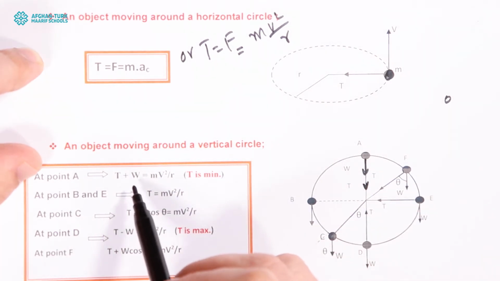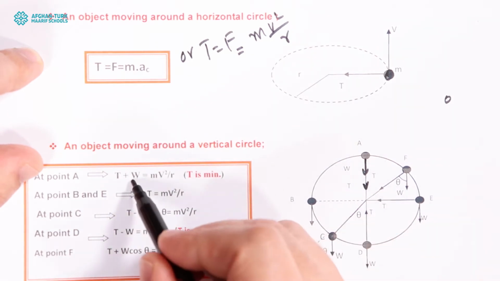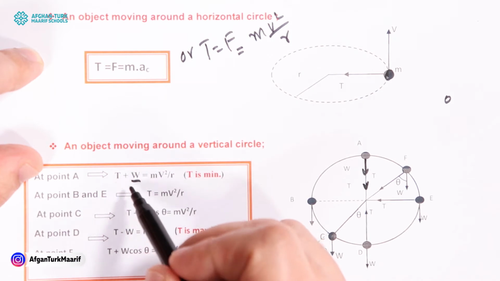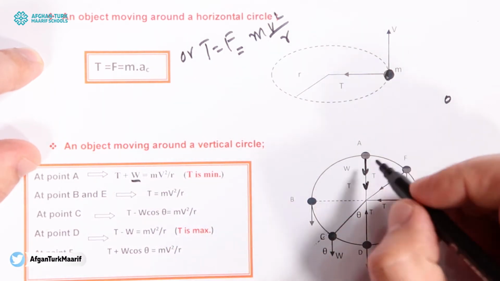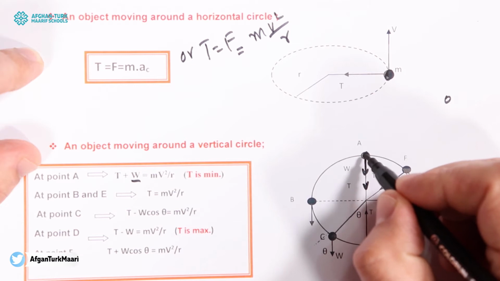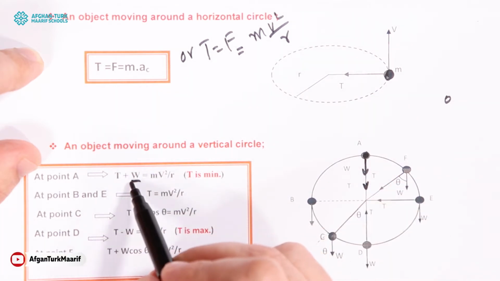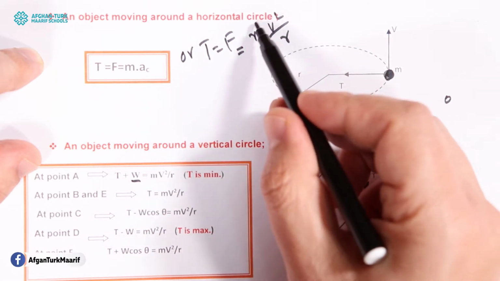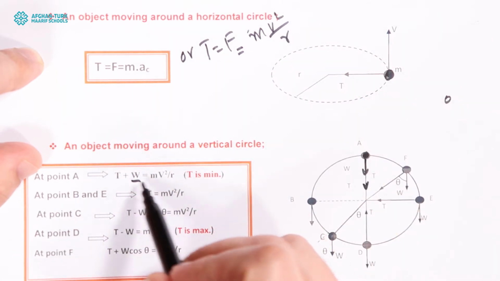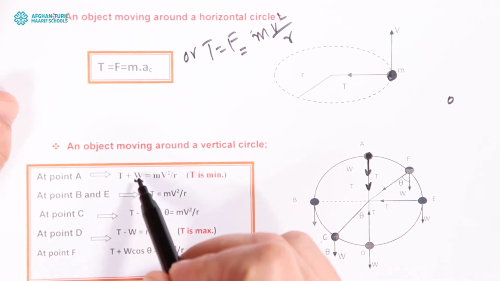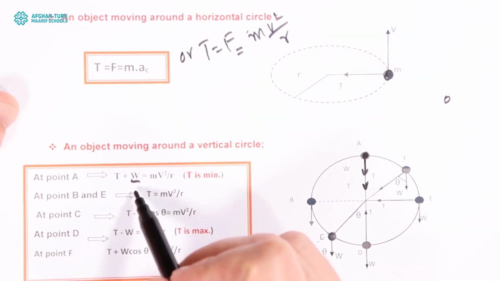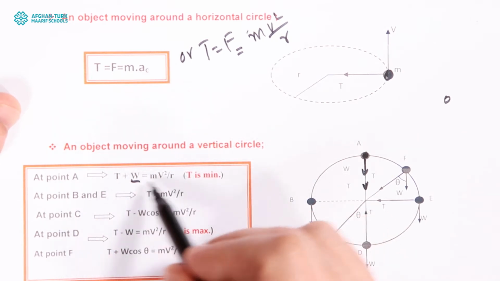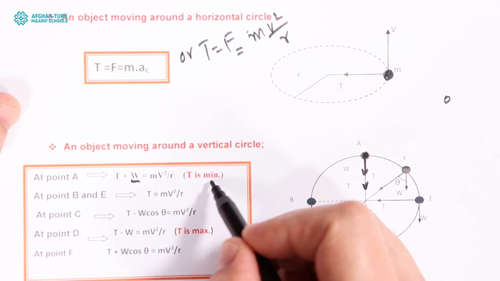So in this case we will add the weight, meaning the gravity force with mass. So at the vertical side when the object is at A, we will use this formula: T plus W is equal to mv square by r. In this case the tangent force will be minimum.